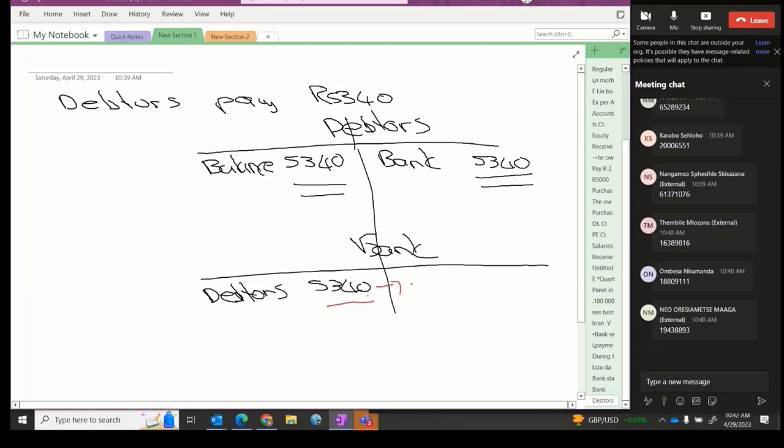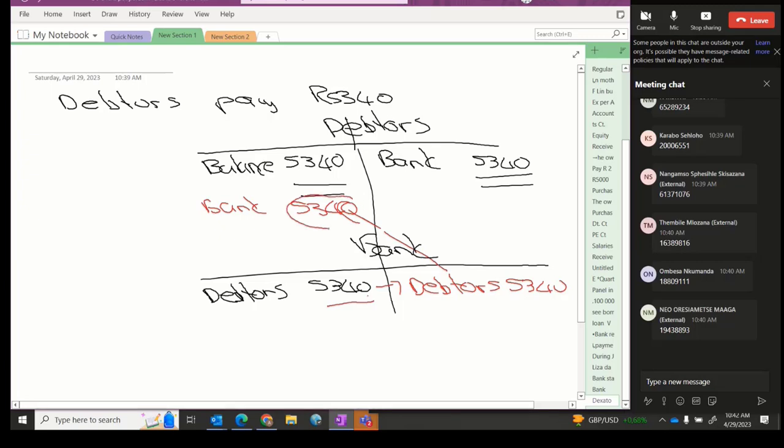So this 5,340 that shows here, you have to reverse the transaction now. You still have to write here in the bank account, debtors 5,340, and then it goes back to that account. It shows kind of like if you are paying it, but you're not, you're doing a reverse transaction.